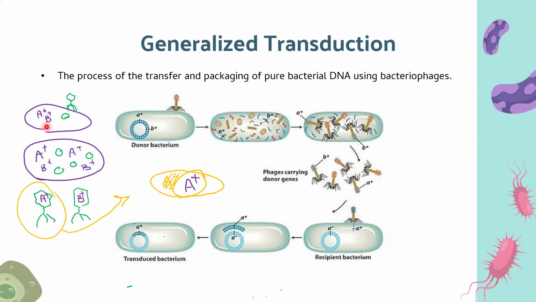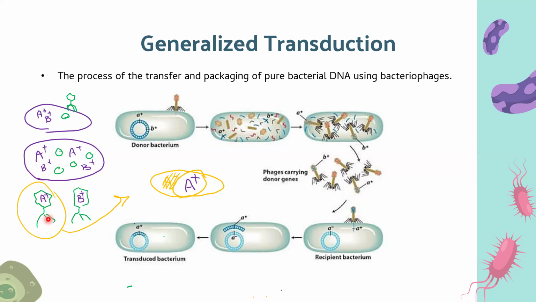During the lysogenic phase, where I'm having this consistent fragmentation and replication of DNA, I'm going to have a bunch of freely floating DNA fragments. What happens in generalized transduction is that while I am creating those virions, those new bacteriophages, I'm only going to take bacterial DNA purely. Even though those are bacteriophages, they're going to ignore their own DNA entirely and purely take bacterial DNA.